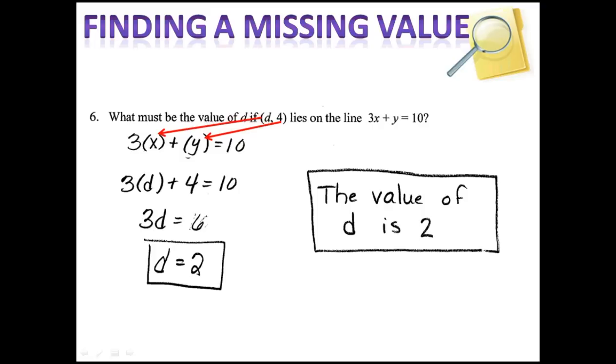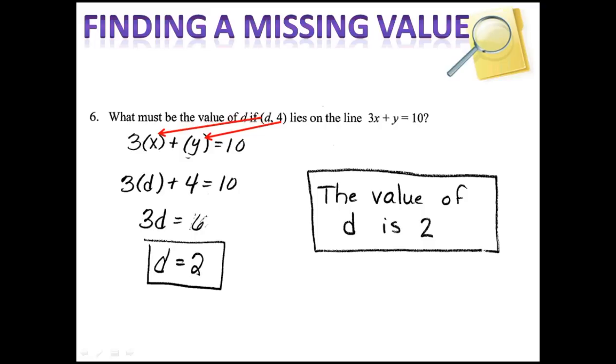Or if I were to graph the line, the equation 3x plus y equals 10, the point (2, 4) would be on that line. Similarly, if I plug a 2 in for x and a 4 in for y into the equation, it will make it true. Notice how there's a lot of different ways of thinking about this, but they all really mean the same thing.